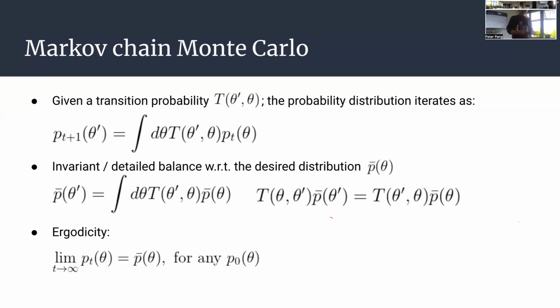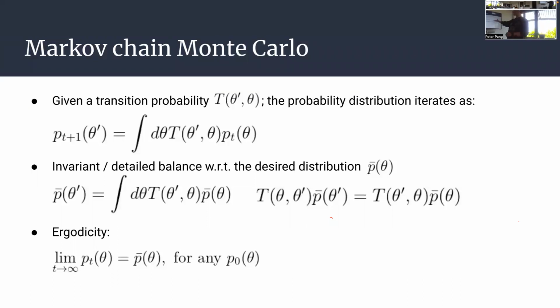For it to be useful, there are some properties that need to be satisfied in your algorithm, in your Markov chain design. First, the design distribution, p bar, which is the posterior distribution, has to be invariant under this transition probability. Basically, you put in your design distribution, and you still get the same distribution out; it should not change.